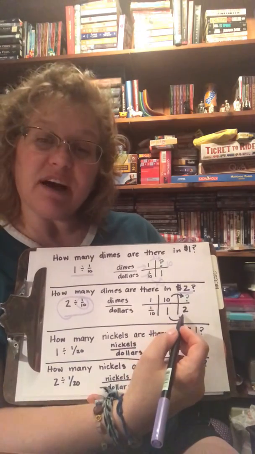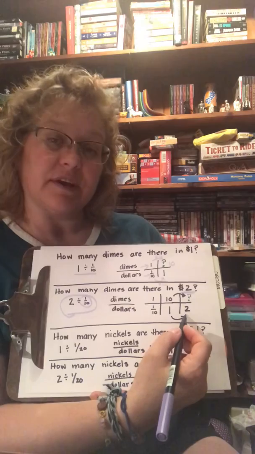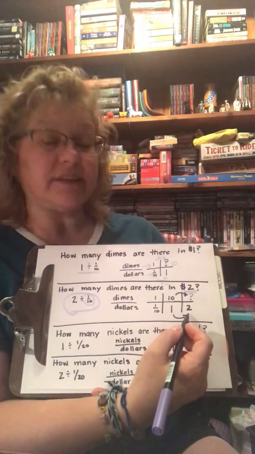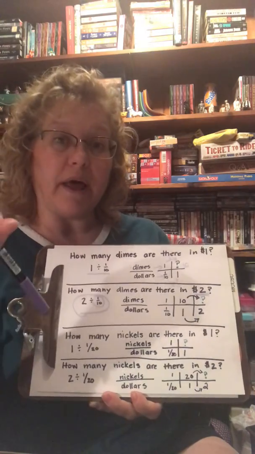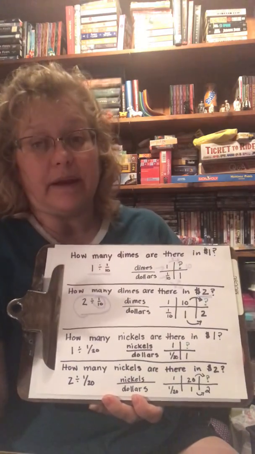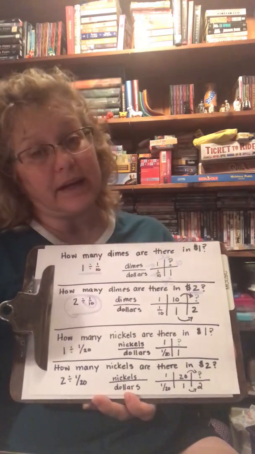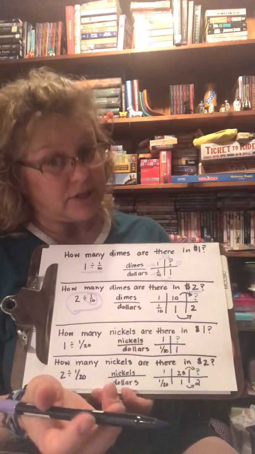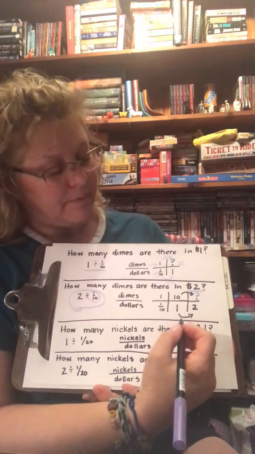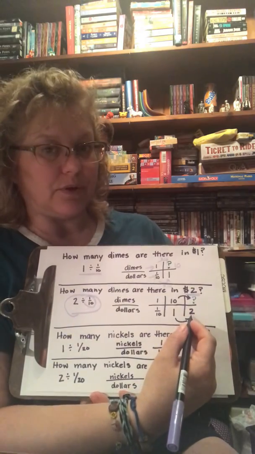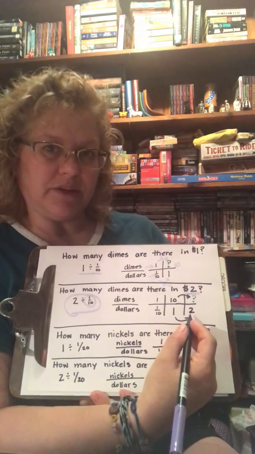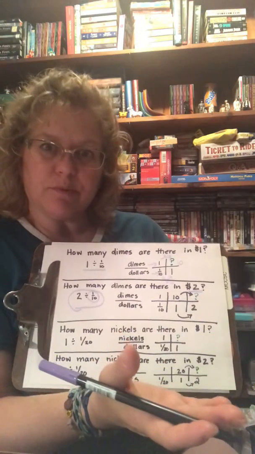What do I have to figure out in order to get that to $2? So yesterday, or 2 days ago when we were doing our problems, we were always trying to get to the 1. What was the answer above the 1? Well, today we're taking it another step, and we're still doing division to figure this out, right? But in order to get this 1 to equal 2, we're using multiplication to help solve our division problem.